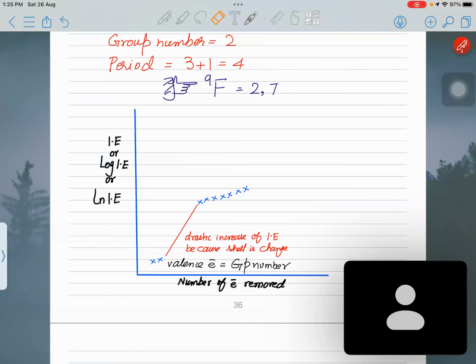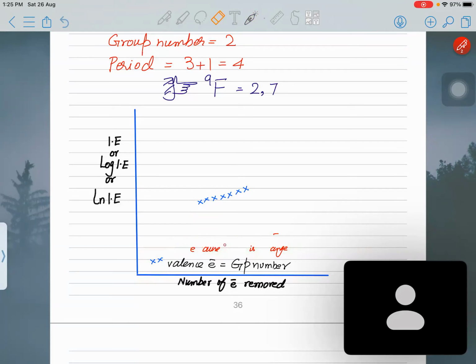So fluorine has 2 electrons and then 7 electrons, right? So first I remove 2 electrons, am I right? First we remove 2 electrons or 7 electrons? 7 electrons.